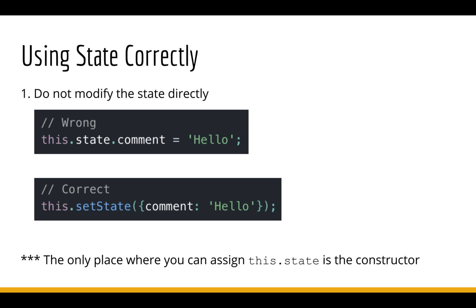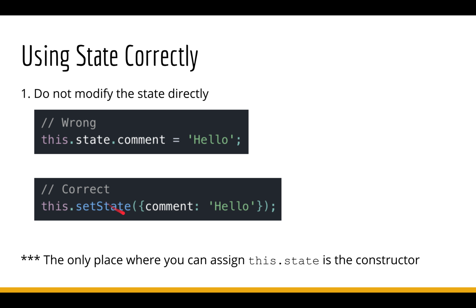So the first thing, we never modify the state directly. In the first example here, if you try to directly say this.state.comment equals hello, this will not update your React application. If you try to do this, you will spend 25 minutes debugging, trying to figure out why your application is not showing what you're expecting it to show, and the reason is because you're directly modifying the state, which is not allowed.